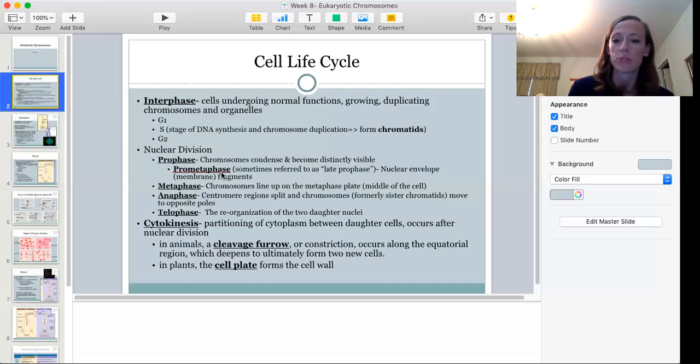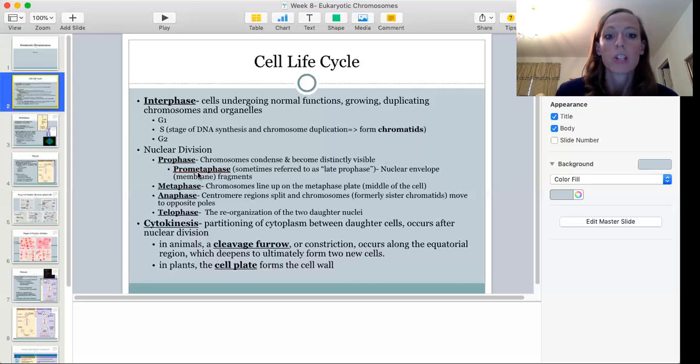Sometimes it's referred to simply as late prophase, and then prophase is called early prophase. Some sources will distinguish early prophase as prophase, and late prophase as prometaphase. This is noted in your lab manual as well, so just be familiar with the interchangeability of those two terms.